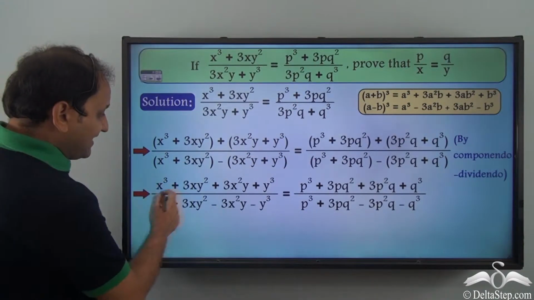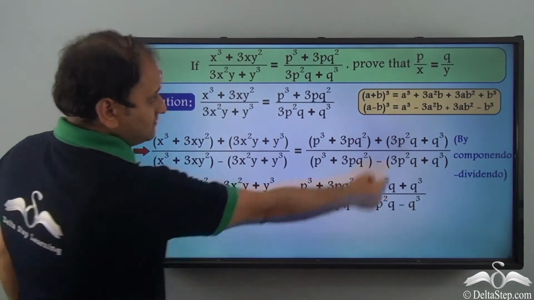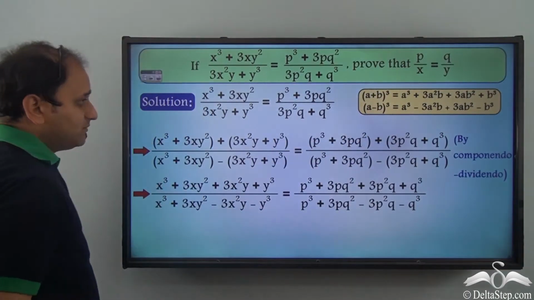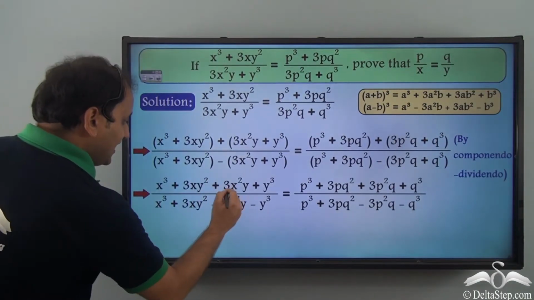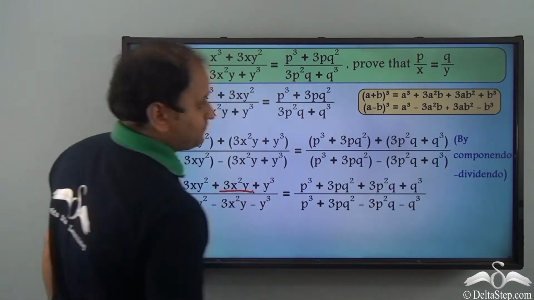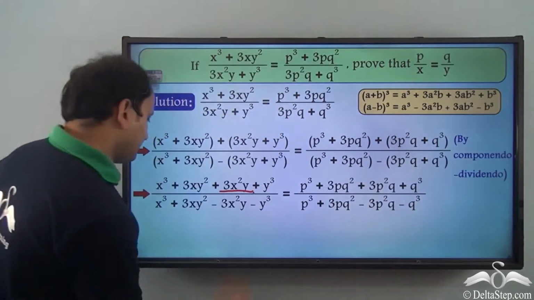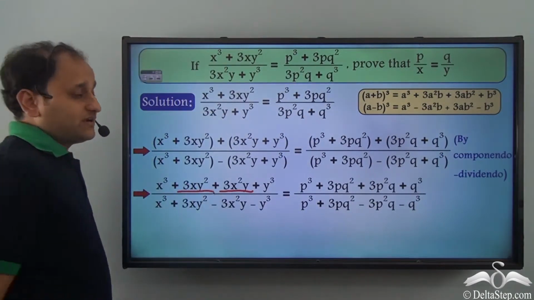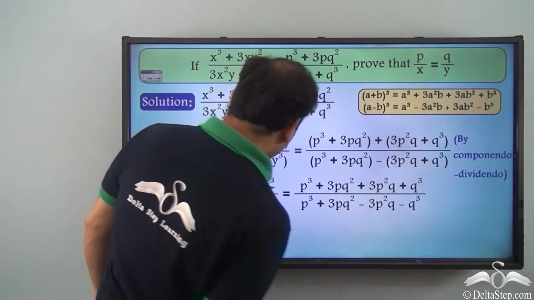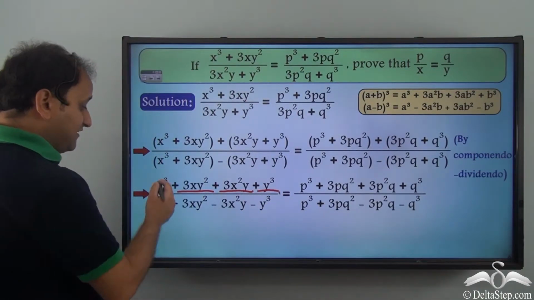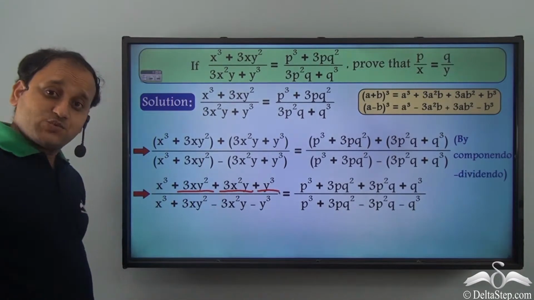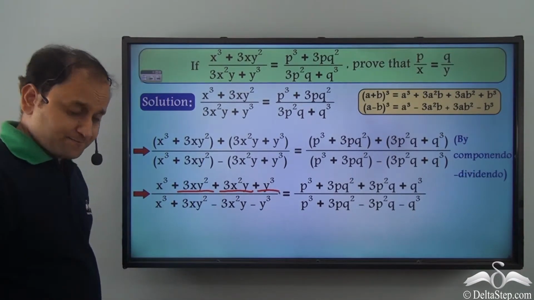Do we have it exactly in that format? A cube, we have x cube here. 3a square b, we have 3x square y. 3ab square, we have 3xy square. And then we have plus b cube, we have plus y cube. So we can write this as x plus y whole cube, isn't it?